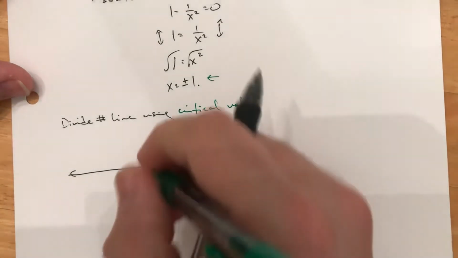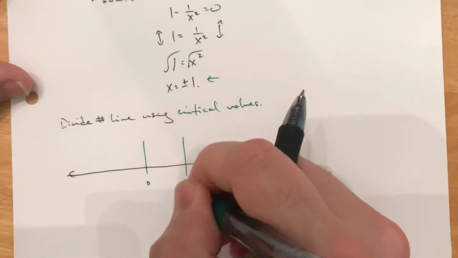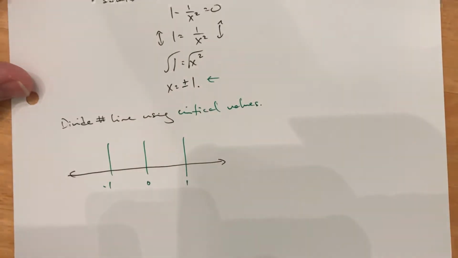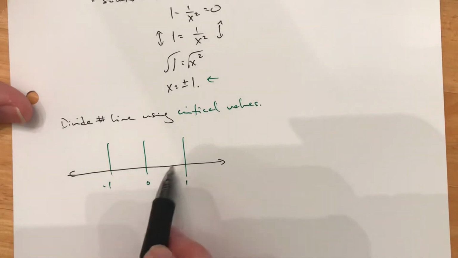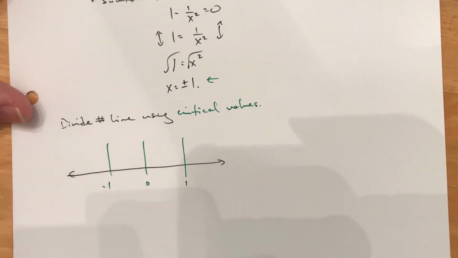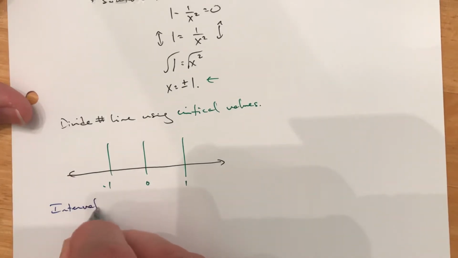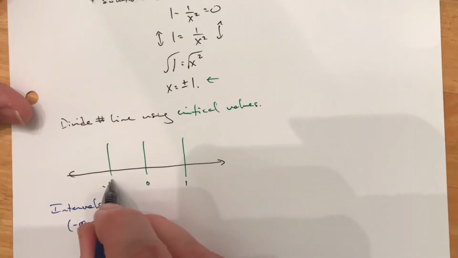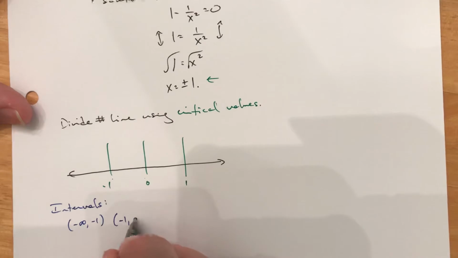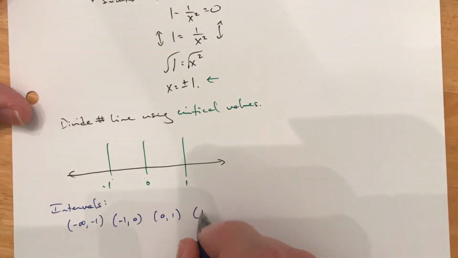So we'll draw a nice number line, and then 0, 1, and negative 1 are going to split that up into 1, 2, 3, 4 intervals. Our intervals then are going to be from negative infinity to negative 1, from negative 1 to 0, from 0 to positive 1, and from 1 up to positive infinity.